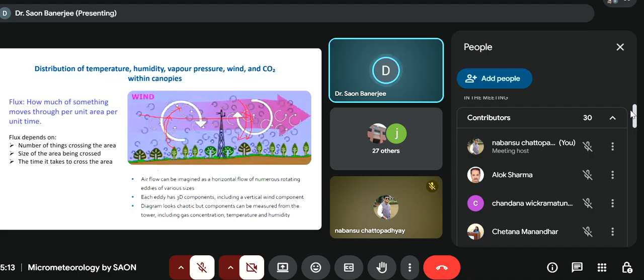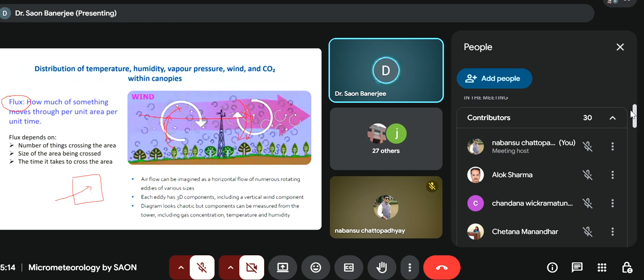Now, when we are talking about the movement of wind, there is a common term. The common term is known as flux. Flux means the amount of energy or amount of any material which moves per unit cross-sectional area per unit time. So per unit cross-sectional area per unit time, how much is going through this portion?